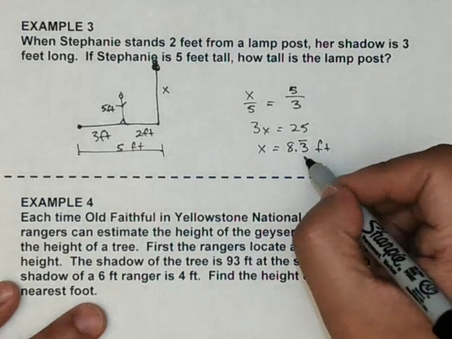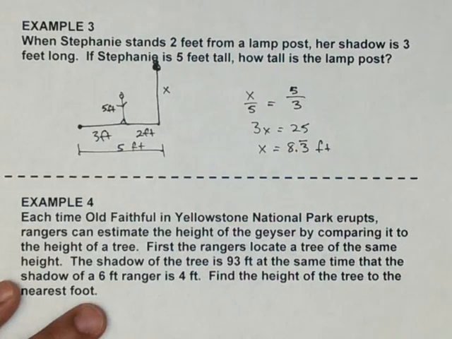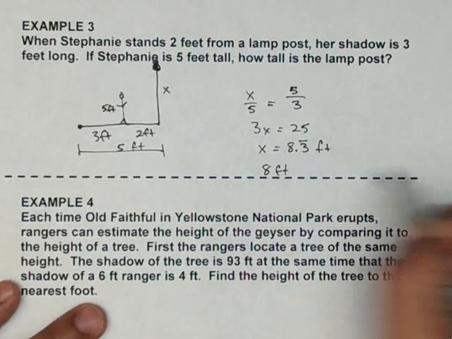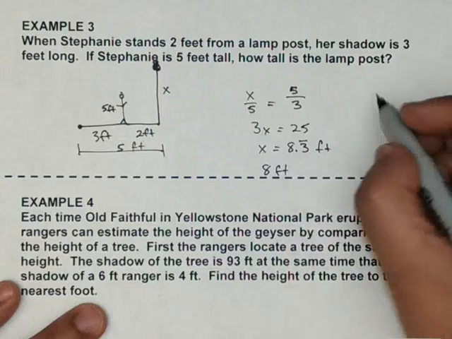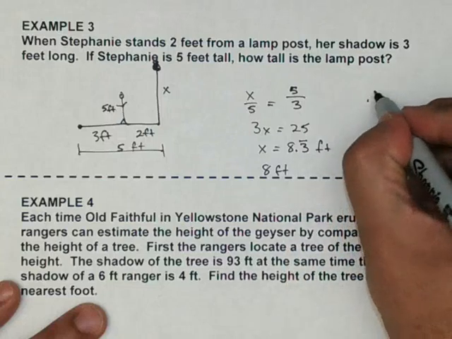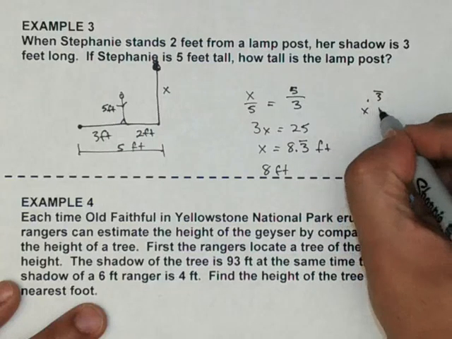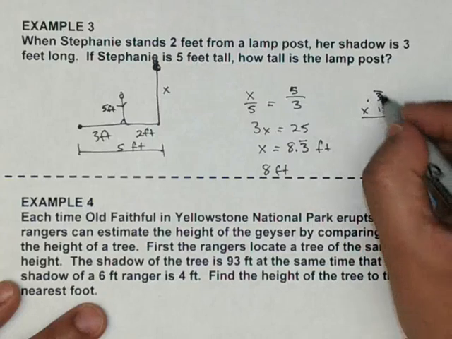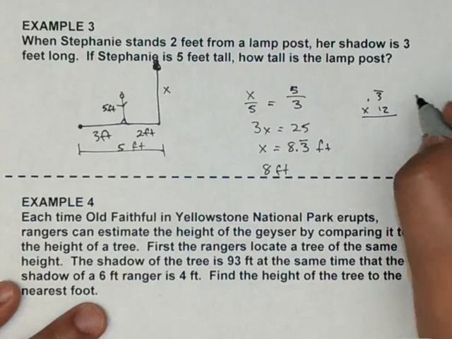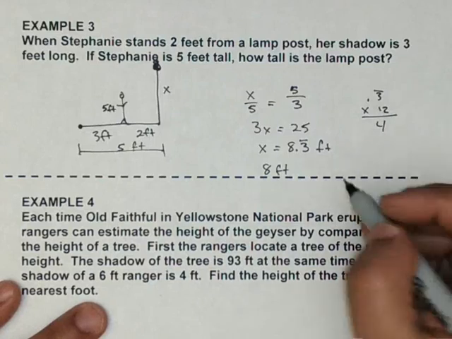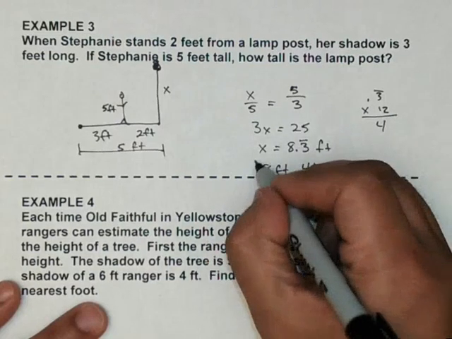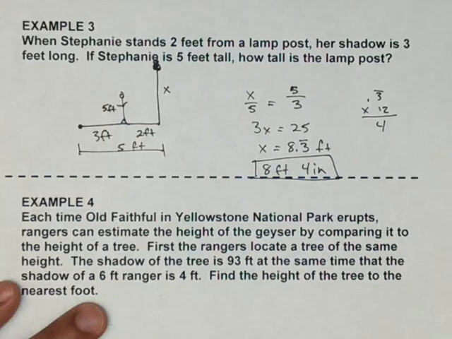If I want to get this 0.3 in inches, what I'm going to have to do is convert this, like what we did with the 0.75 earlier in example 1. I'm going to take this 0.3 and multiply by 12. This 0.3 with the line over it, that's 1/3. So 1/3 times 12 is going to give me 4. So this is 8 feet 4 inches. That would be the height of the pole.